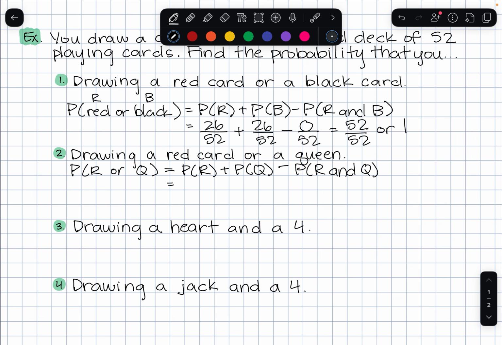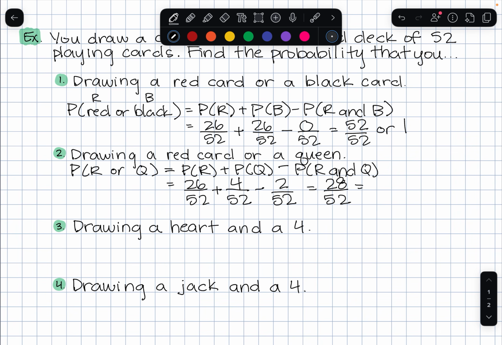Using what we know about decks of cards, there's 26 red cards out of 52. There are 4 queens in a standard deck of cards. And there are 2 cards that are red queens, the Queen of Hearts and the Queen of Diamonds. So this is 26 plus 4, which is 30, minus 2 would be 28. So 28 out of 52.